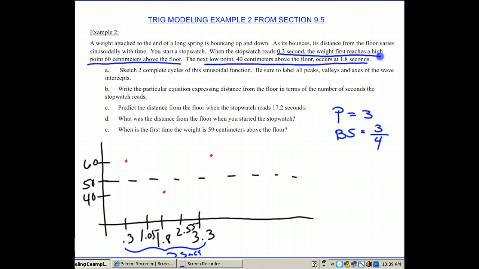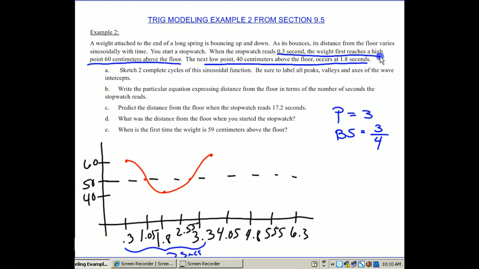I'm going to continue, because it said up here to make sure to do 2 complete cycles. So if I add in these center points, I've completed 1 cycle. If I continue with my scale of 0.75, we can make another cycle. Next would be 4.05, followed by 4.8, 5.55, and ending with a 6.3.